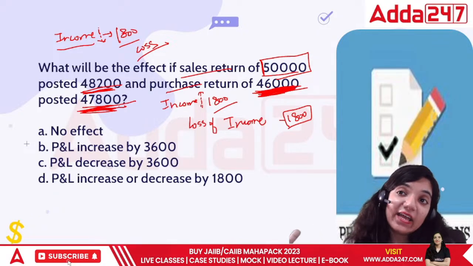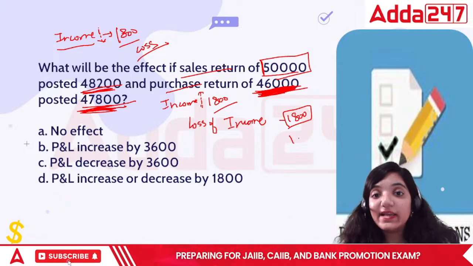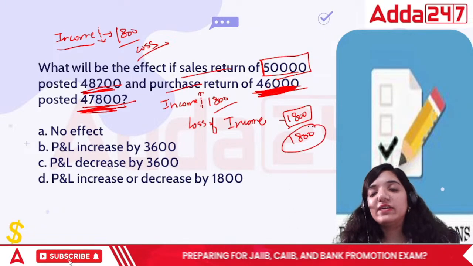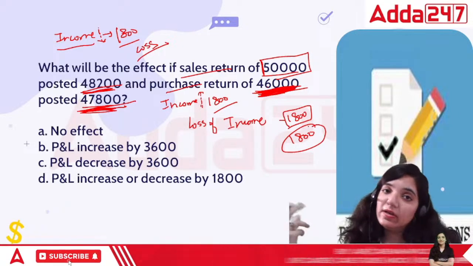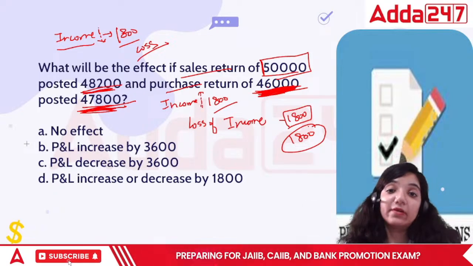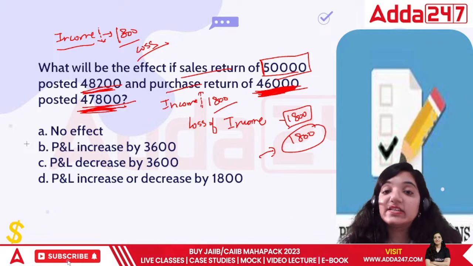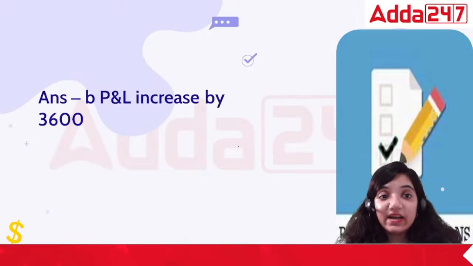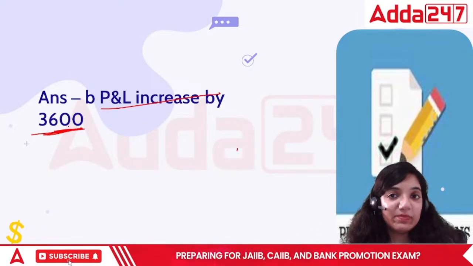That means I have shown my expense to be less by 1,800. I need to get 46,000 from that particular person, but I have shown that the person is supposed to give me 47,800. That means I have made a mistake of 1,800 again. So in this case, there is a total increase of 3,600 that has to be made.